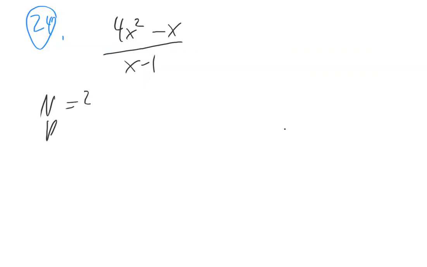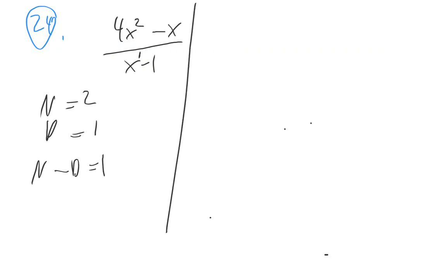So this one says 4x squared minus x over x minus 1. Now notice that the power of the numerator is 2, the power of the denominator is 1. And since the numerator minus the denominator equals 1, that means it has an oblique asymptote. So we're going to find the oblique asymptote by dividing the bottom of it into the top of it using long division, right?